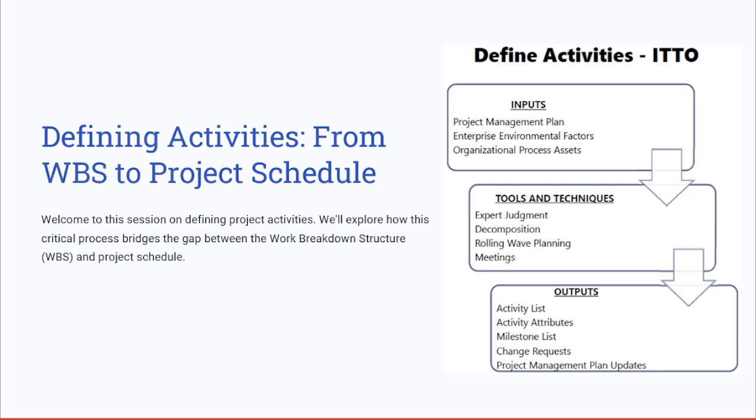The tools and techniques to highlight include expert judgment and decomposition, which we explored when creating the WBS. We also have something called rolling wave planning, and meetings. The key outputs of this process include an activity list, activity attributes, a milestone list, change requests, and project management plan updates.